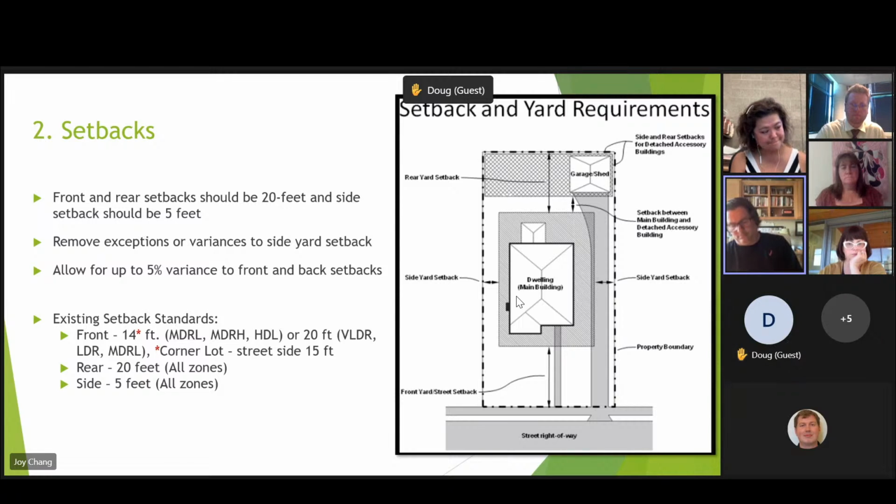Okay. So there's no such code language then about exceptions or variances. There's only adjustments. Is that? No, that's just the adjustments. And then the variance, the criteria, it's very similar. The variance request is required due to lot configurations and other conditions on site.